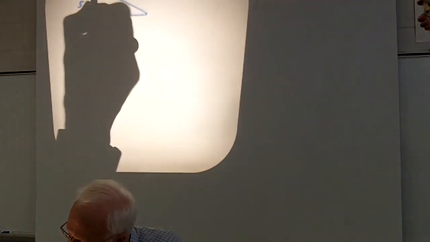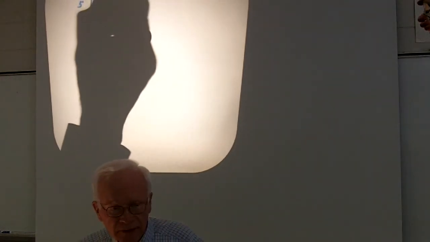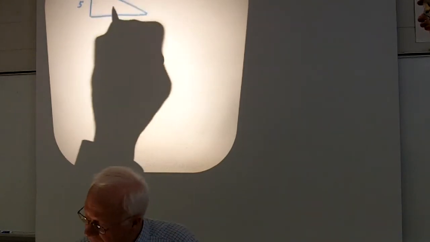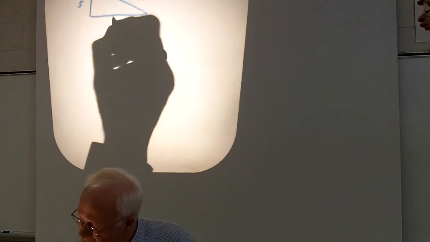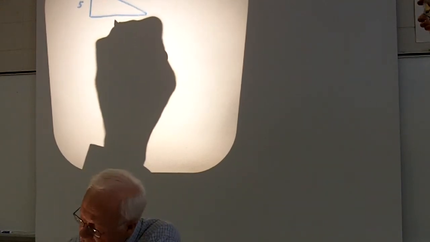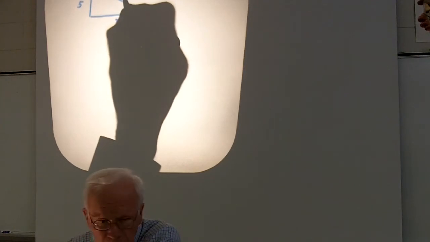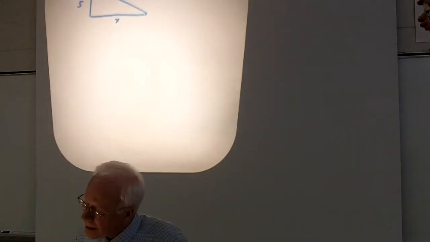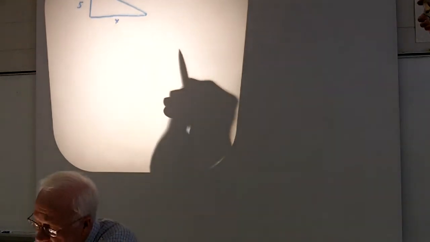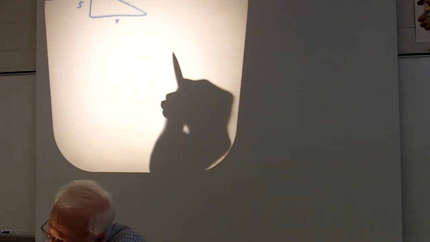Okay, now this, guys, let's see here. This is going to be 5, so that's fixed. What letter would you like to use on this side? X. And what do you want to do over here? W. So it's W. Okay? Now, we have this situation.